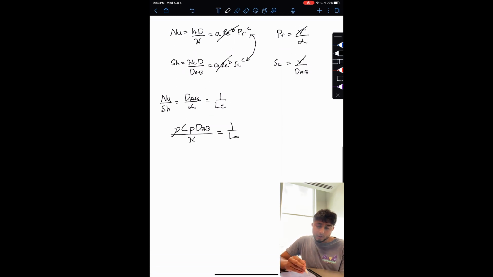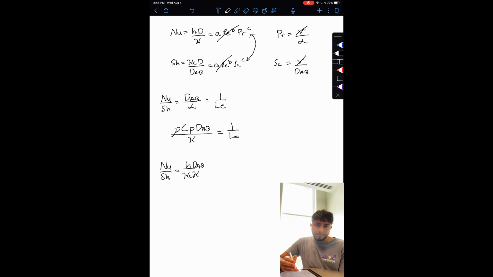And going back to the original two equations, if we use the left side of the equation, we do the Nusselt over the Sherwood number, we can see the heat transfer coefficient over the mass transfer coefficient multiplied by its thermal conductivity, and we also know it's multiplied by its diffusion coefficient.